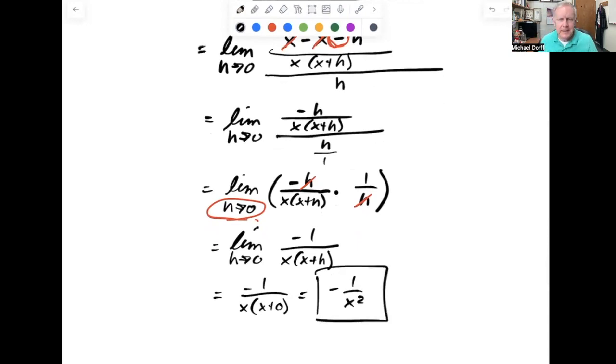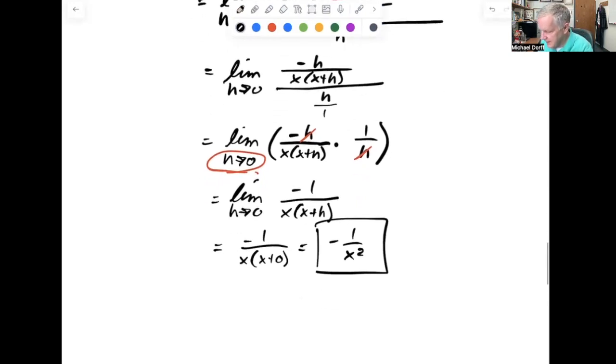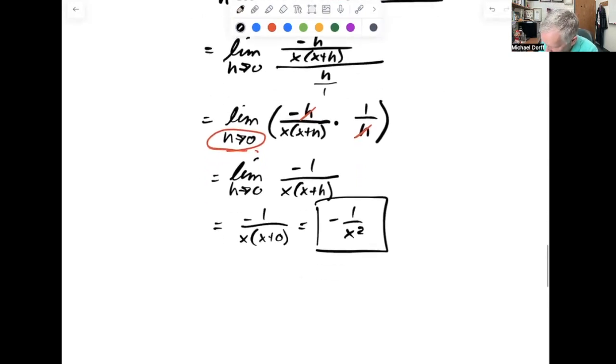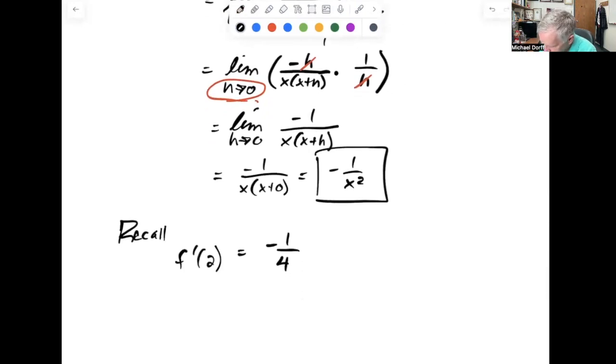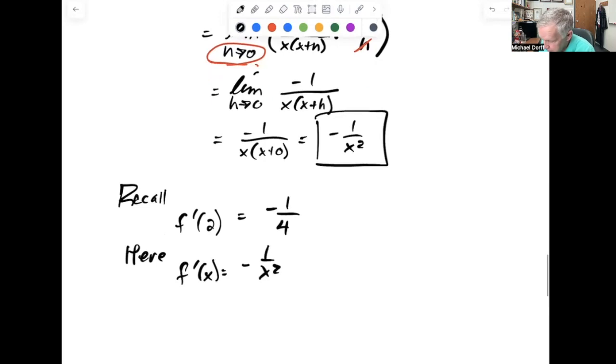Now, how is this different than the example we did at the very beginning? Okay, so recall we did the derivative at 2, and we came up with negative 1 over 4. Well, here we have the derivative of f of x is negative 1 over x squared. So we could go ahead and take what we just did and put in x equals 2.